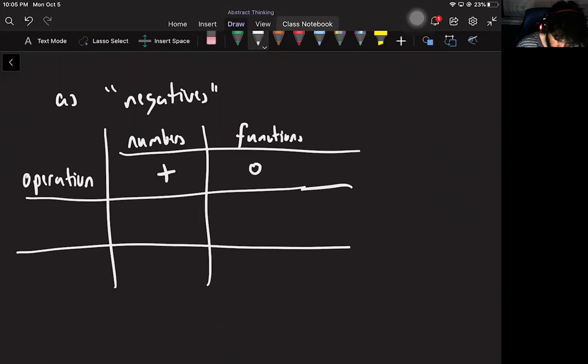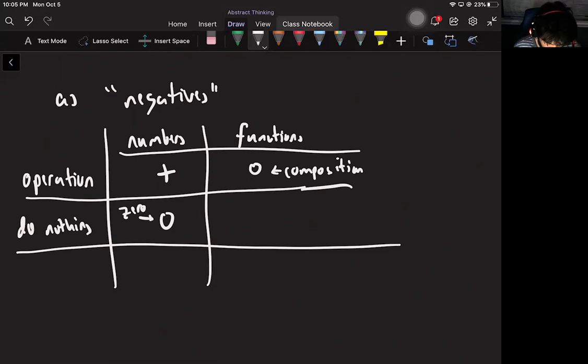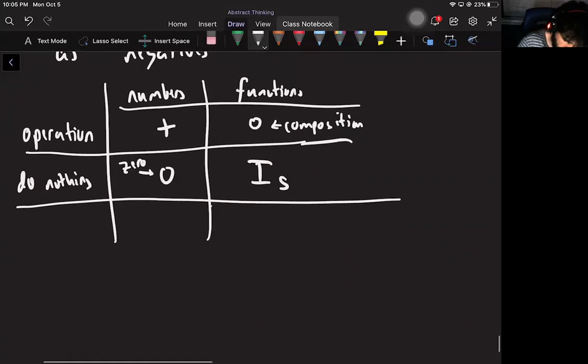And then there's this do nothing number corresponding to plus, which is called 0. And for functions, the do nothing function is the identity function on the set.